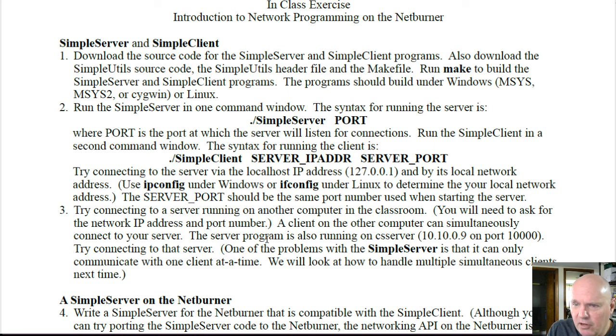If we were in the classroom, we could have students running clients and servers in different rooms. It says here I've got the program running on CS Server. I don't. You could, if you wanted to, transfer the software over to CS Server, build it, and run the server there and try the connection there.